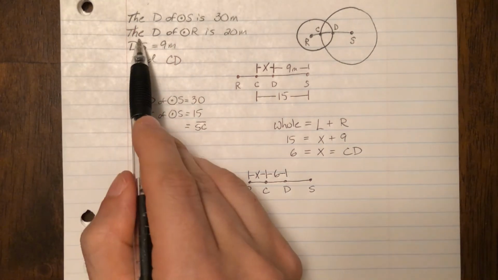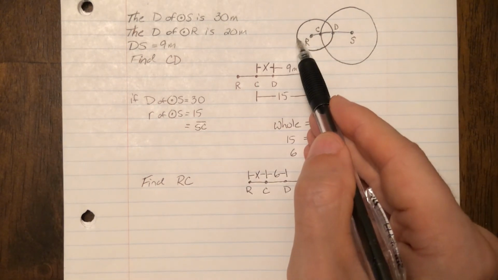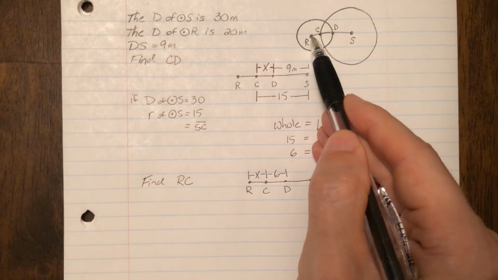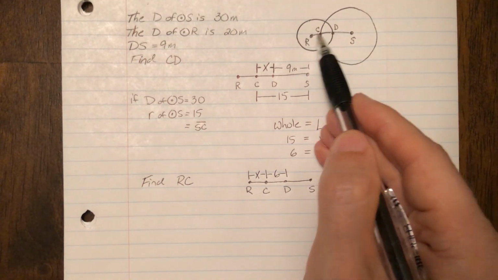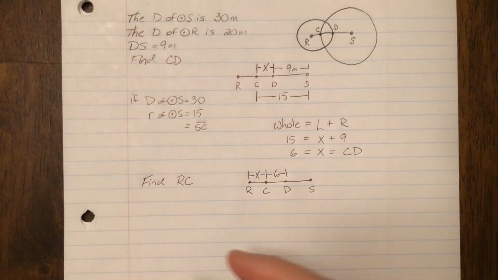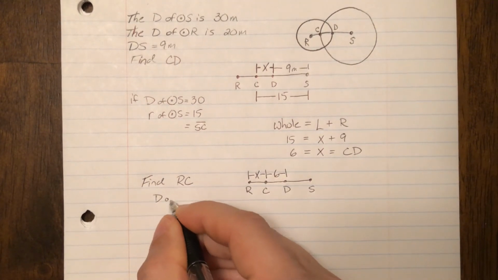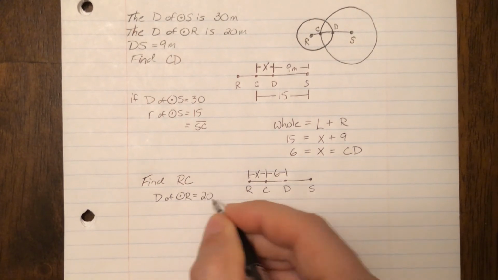Well, right here it says the diameter of circle R is 20 meters. So diameter is from circle to circle passing through the center. Well, if this diameter is 20 meters, what's the radius? Well, 20 divided by 2 is going to be 10. So let's write this up nice and neat. The diameter of circle R is equal to 20.